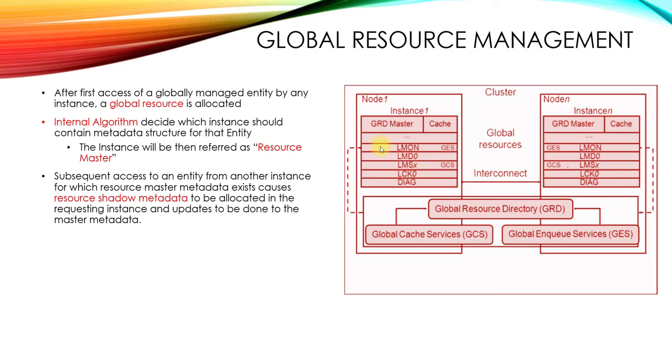Oracle does not have to go and fetch the block from the data files. So a subsequent access to an entity from another instance, for which resource master metadata exists, causes resource shadow metadata to be allocated in the requesting instance and updates to be made to the master data.